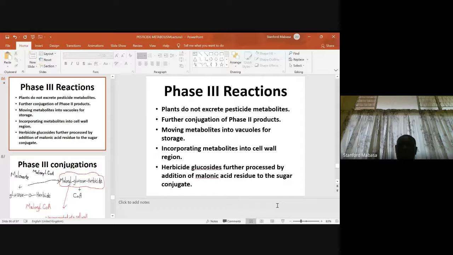So further conjugation of phase 2 products is required. Then these conjugated products are now moved to the vacuoles for storage. Some of them can be used to be part of the cell wall.